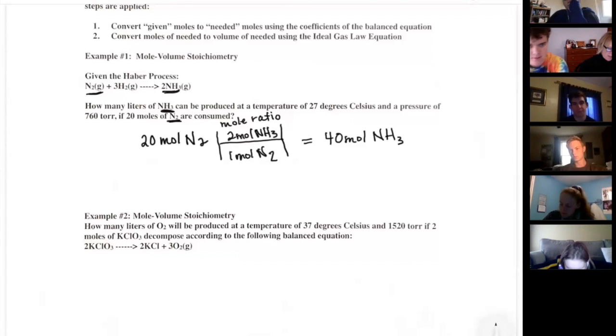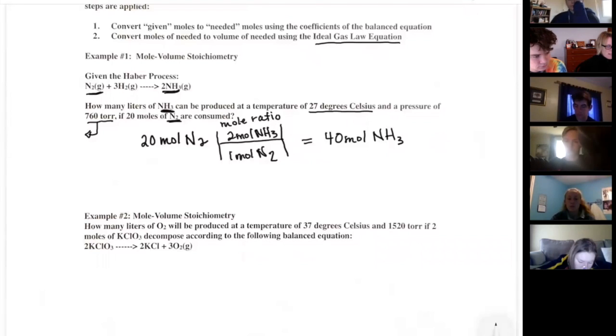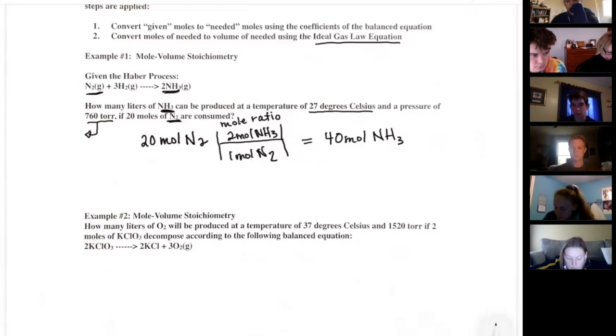Now the second part of this is we have to deal with the ideal gas law. Notice 27 degrees Celsius, 760 torr. This number, 760 torr, what is the equivalent in atmospheres? Carter. 1 ATM.